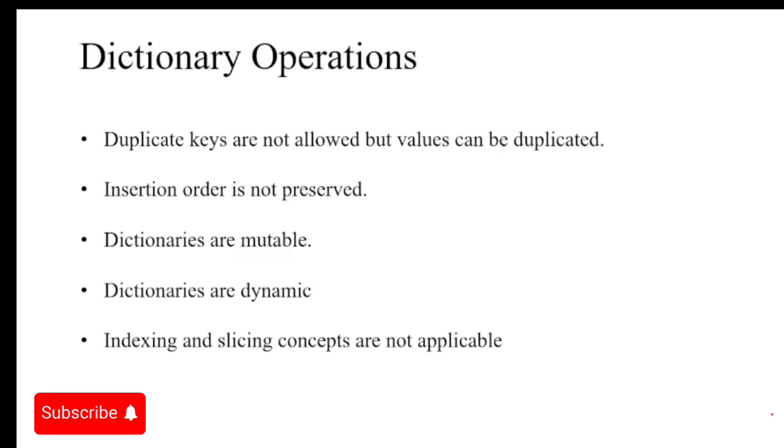Dictionaries are dynamic, and indexing and slicing concepts are not applicable. Let's try to understand how we create dictionaries and what we have in dictionaries. For dictionaries, let me have a variable, let me say dict.